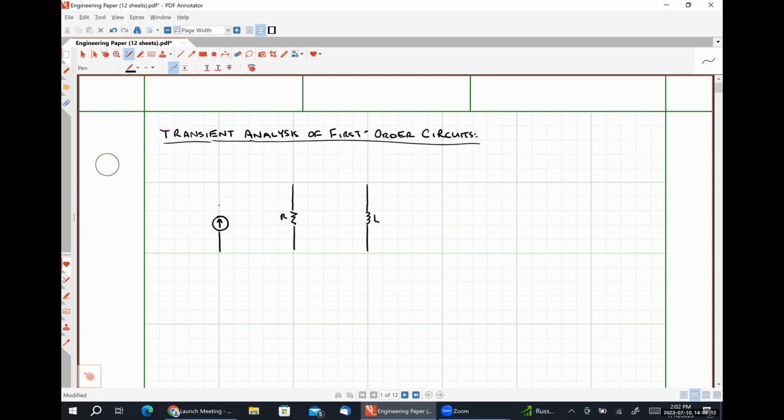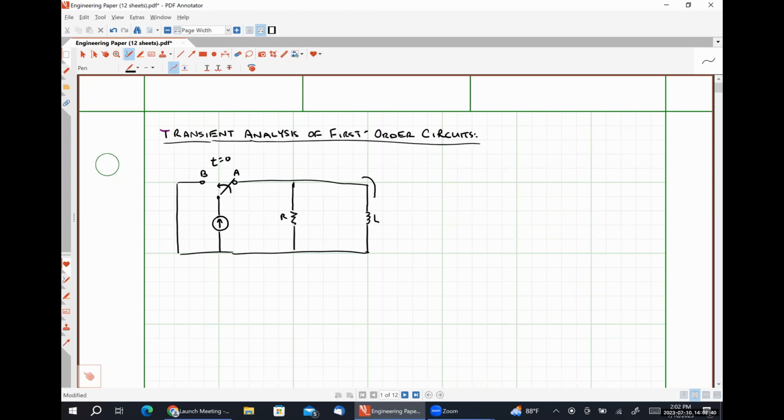And then over here, we'll have a current source, and we'll make this B. And our switch was closed at A or closing at B at t is equal to 0.